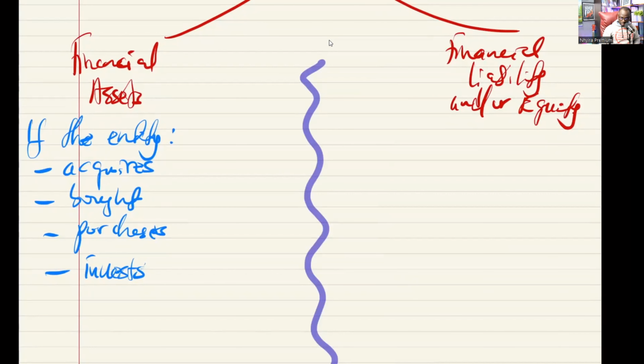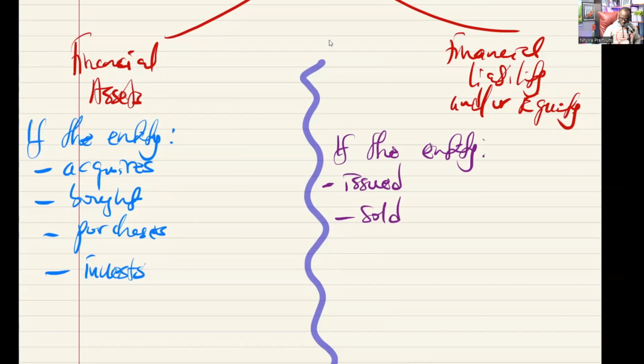The reverse is true. If we are preparing a financial statement and the examiner says the entity issued, the entity sold, the entity raised finance, if we see words like this, issued, sold, raised finance, then we may be looking at a financial liability or an equity instrument.